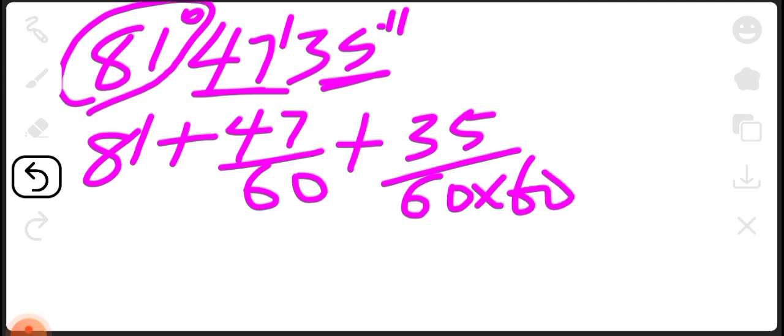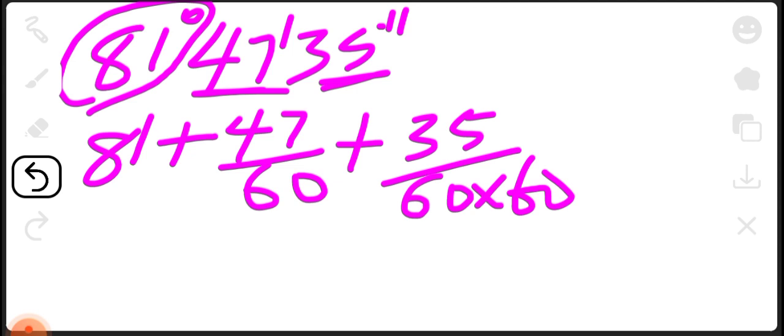So this one gives us 81 plus 47. You can just do it directly. Just do 81 with your calculator, 81 plus 47 over 60 plus 35 over 60 times 60. So you are going to have a very long answer, which is 81.7931 approximately.